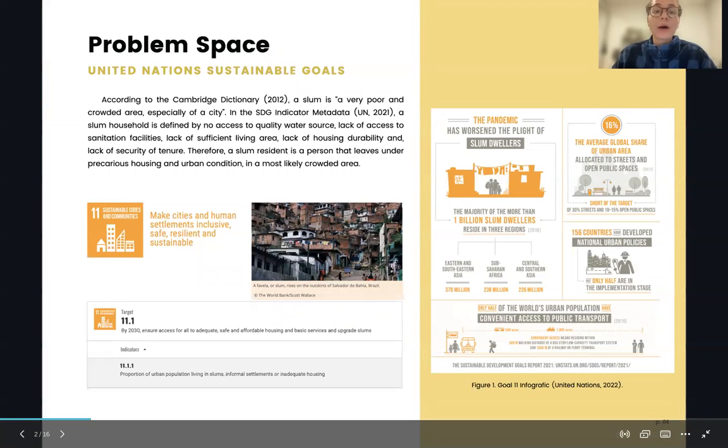A slum is an area that is defined as being very poor and overcrowded. And the UN classifies a slum as a place that is lacking one of the following: adequate housing, access to water, access to energy, or any other kind of basic service that everybody needs.